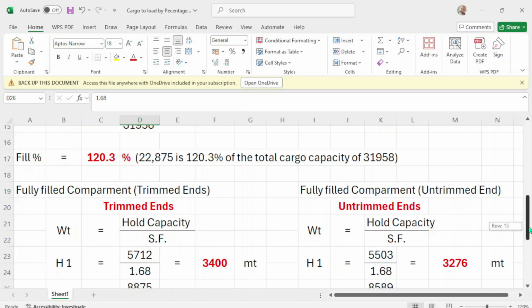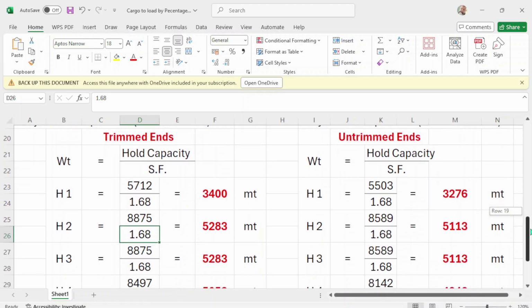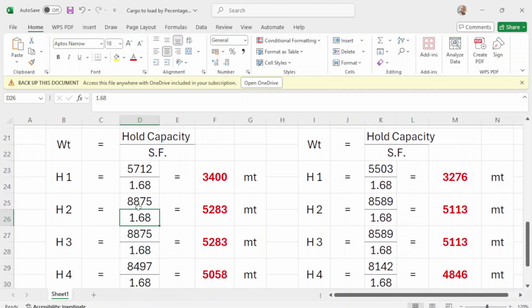to get the weight of the vessel, the volume of hold number 1, 5712, divided by the stowage factor, then you will have 34 metric tons. And number 2, with total capacity on hold number 2, divide by your stowage factor, and you have 5283.